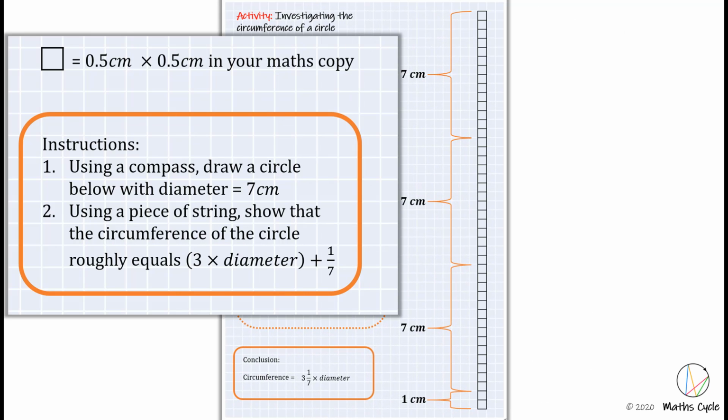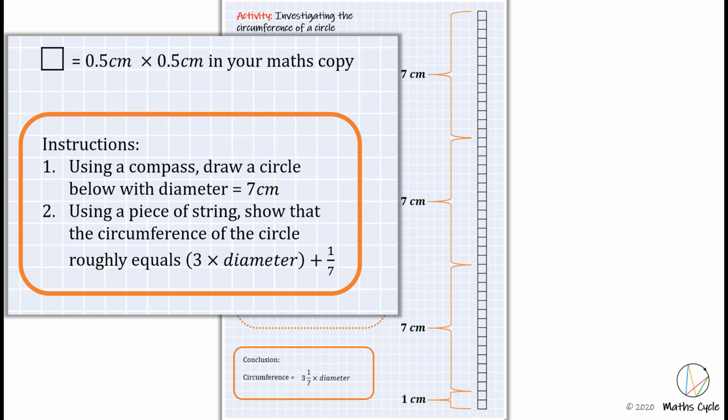So, firstly, we are reminded on this activity sheet that the squares in a maths copy or on an exam paper are 1/2 centimeter wide and 1/2 centimeter high, or you could say 0.5 centimeters wide and 0.5 centimeters high. This is a great help for drawing centimeters, as 2 squares in your maths copy will represent the width of 1 centimeter.